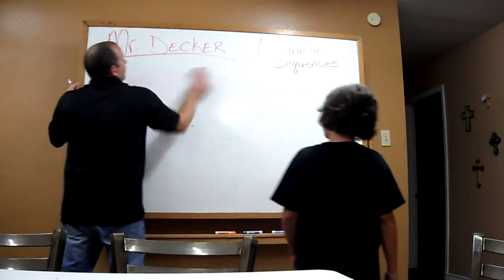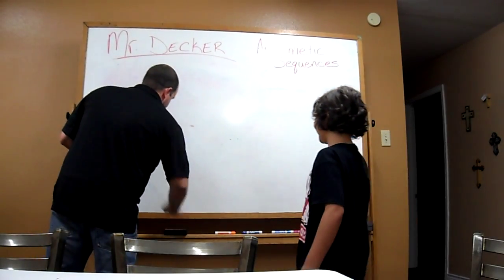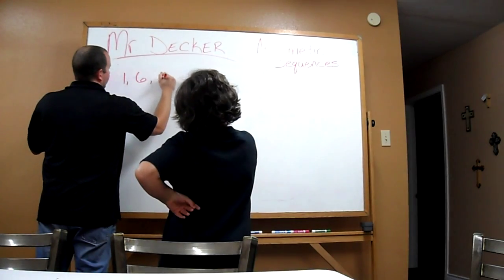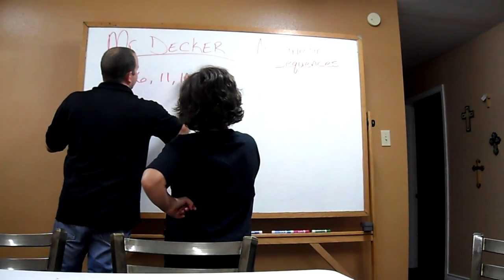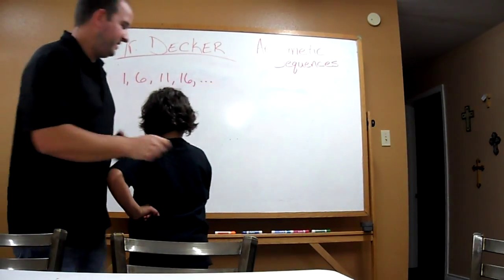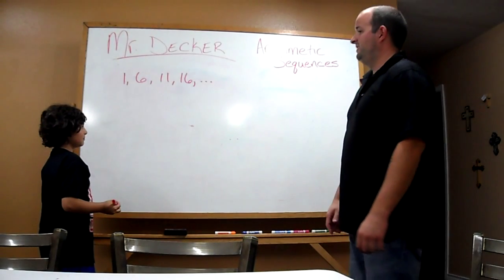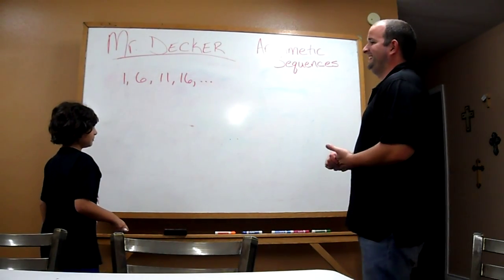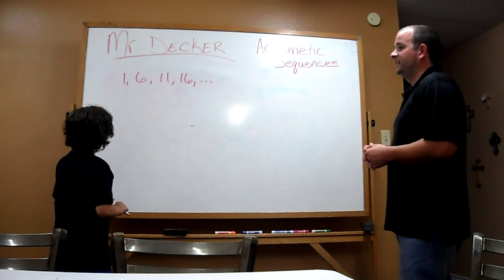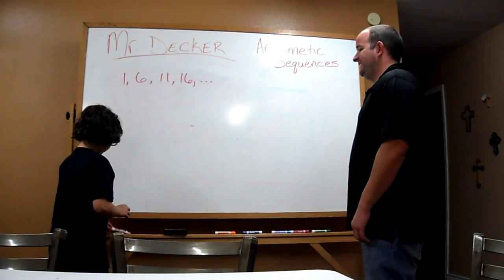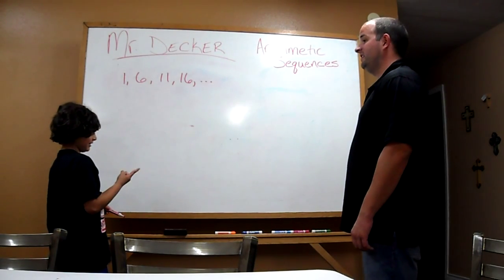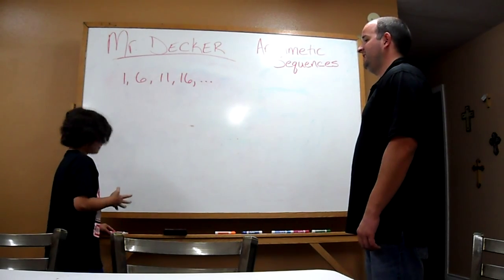Can you do one more? Sure. Alright, let's try one more. We're going to start with 1, then we're going to go to 6, we're going to go to 11, and then we're going to go to 16. Let's see if you can figure this one out all by yourself. Plus 5. Good job. So what's next? 21.